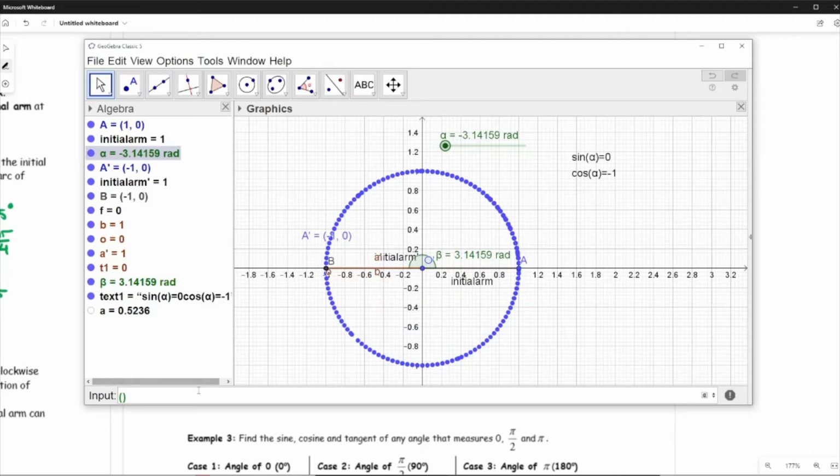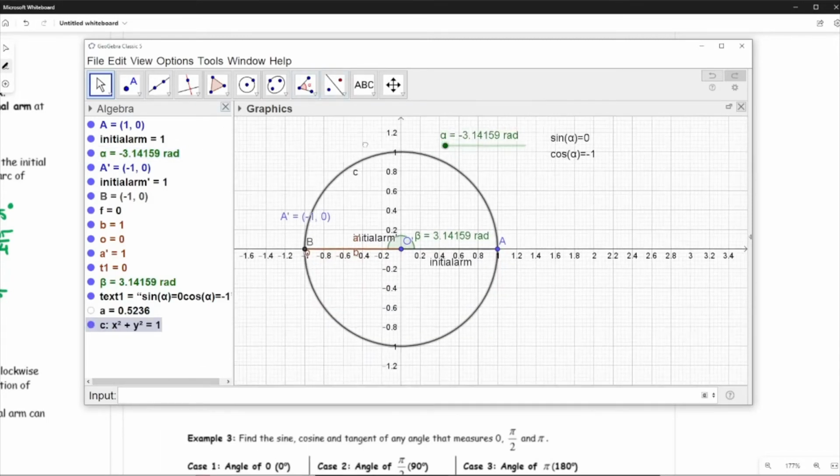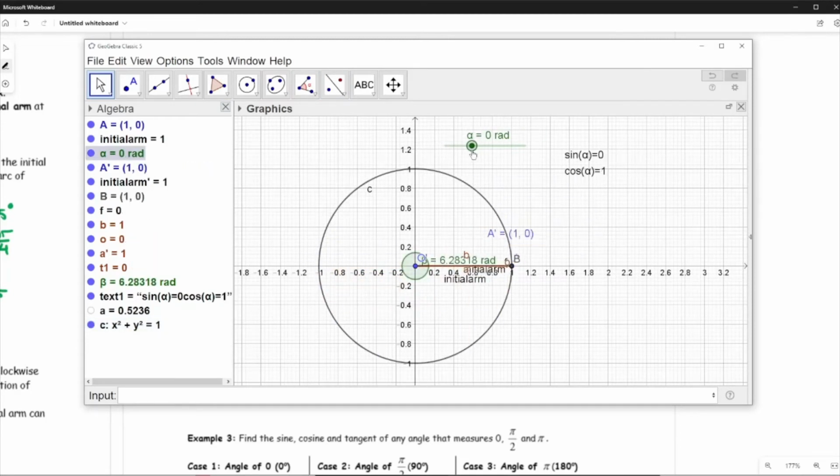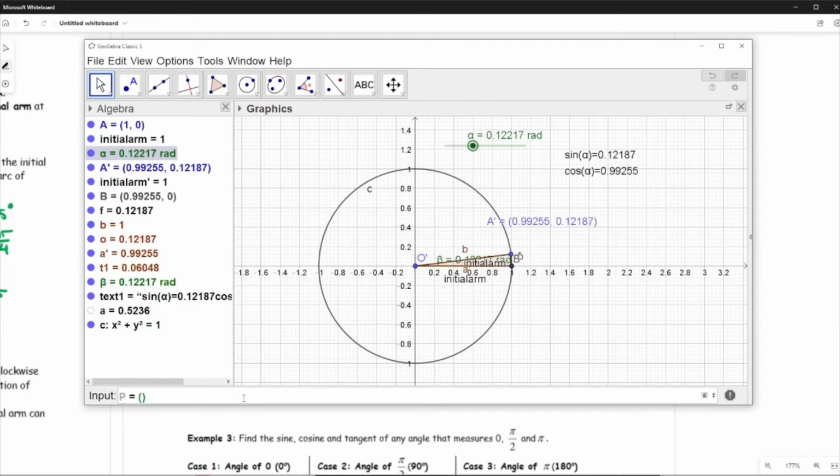Let's just draw ourselves the circle O with radius 1. All right, so there's a circle. Now, I want to create a new point. I'm going to call it P, and I'm going to let P, for its x value, have alpha.